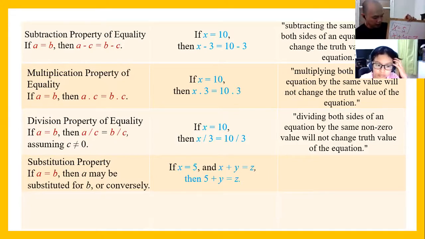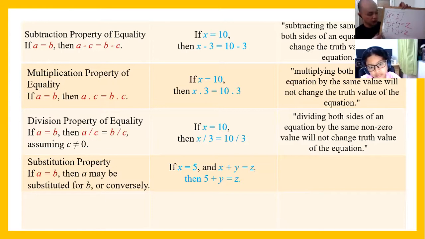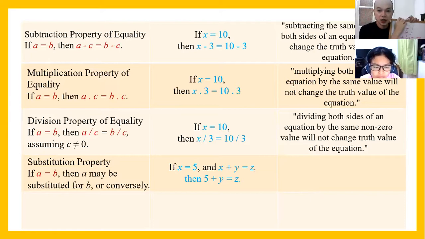So 5 plus y is equal to z. You just change x to 5 because x is equal to 5. Okay, you call that the substitution property. Okay, Kristel, is it clear?